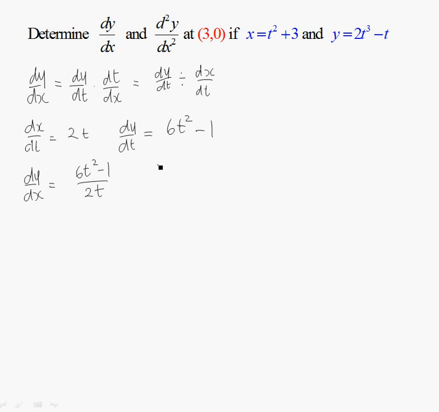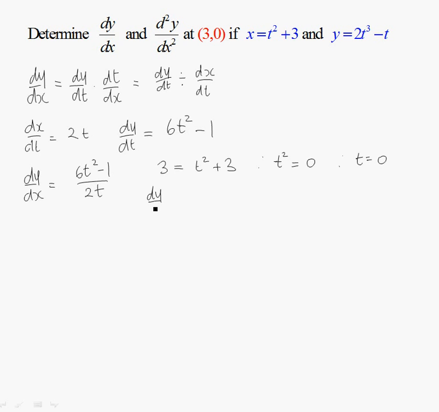So we're solving two equations. 3 equals t squared plus 3, or t squared equals 0. Now it's fairly obvious what the solution of that is. t equals 0. And if you take t as 0 and put it into the equation for y, you'll find that y is equal to 0. So that's the point at which we're trying to find dy by dx.